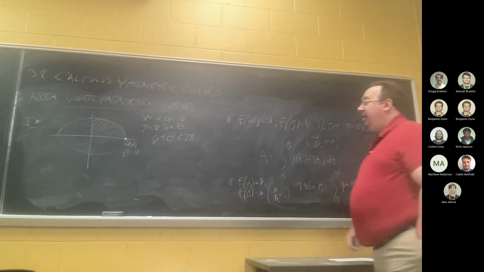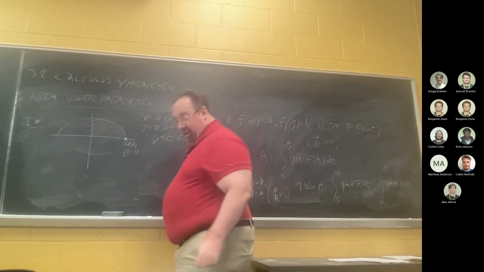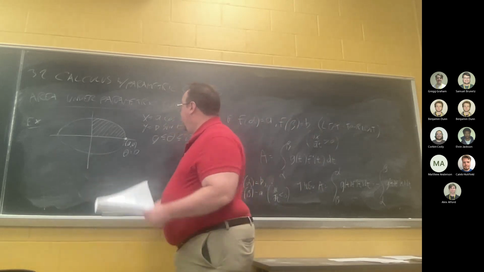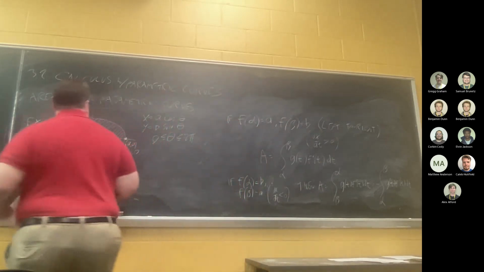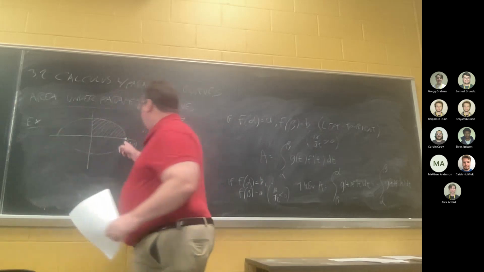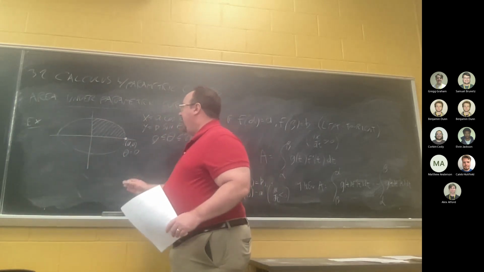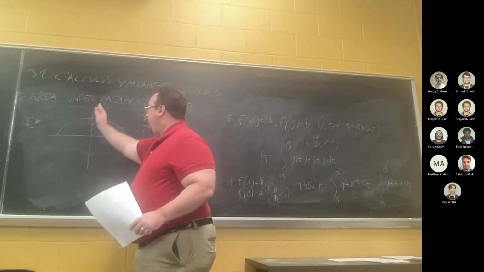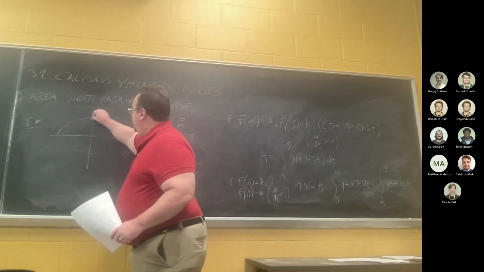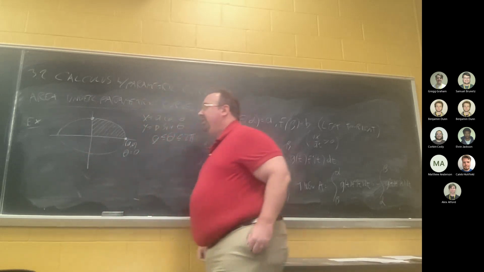Okay. Now I know what theta value corresponds to this endpoint, which is my rightmost x value. I want this leftmost x value, so I need the theta value for that point.